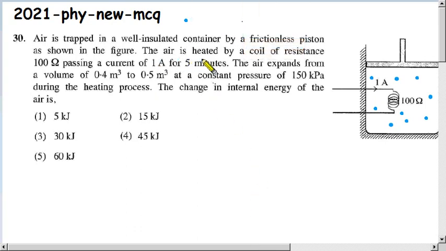The air is heated by a coil of resistance 100 ohm, so R is 100 ohm, passing a current of 1 ampere, so I equals 1 ampere, for 5 minutes. T equals 5 minutes, but we need it in seconds. There are 60 seconds per minute, so 60 times 5 is 300 seconds.